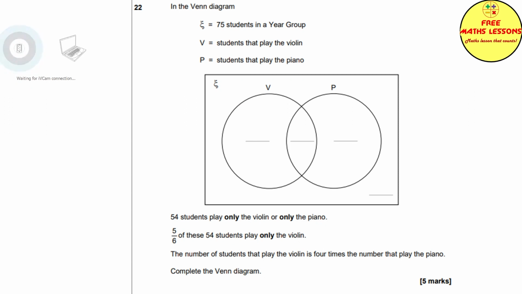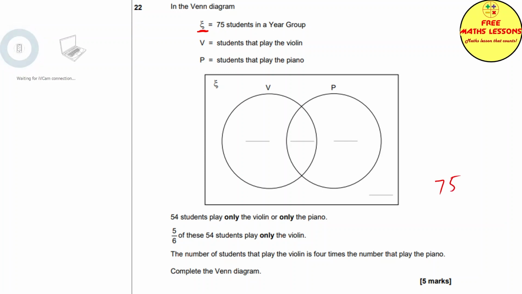This Venn diagram here is telling you there are 75 students in total. That sigma means everything inside the rectangle, so everything inside the rectangle is 75. So when I add this number here, this number here, and this number here, they should add up to 75. That's one of the key things.